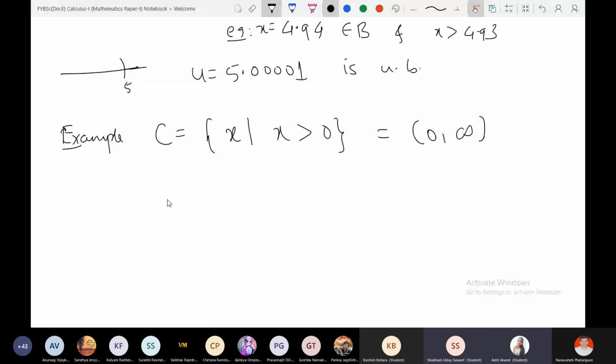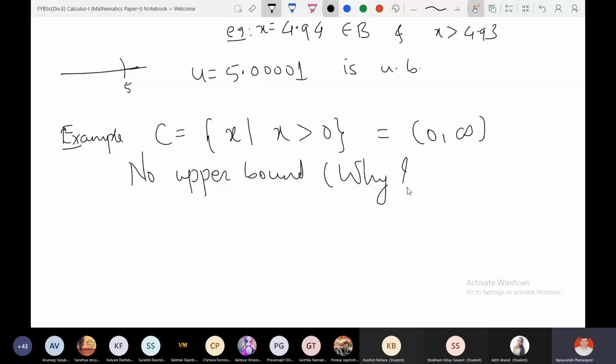There will be no upper bound. That is the observation. You can easily observe this set has no upper bound at all.